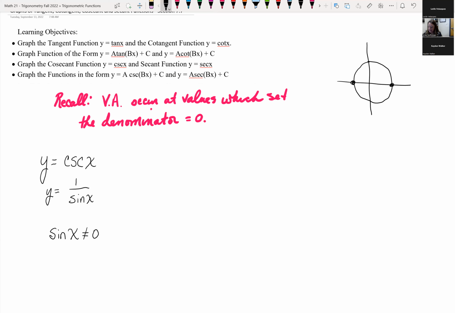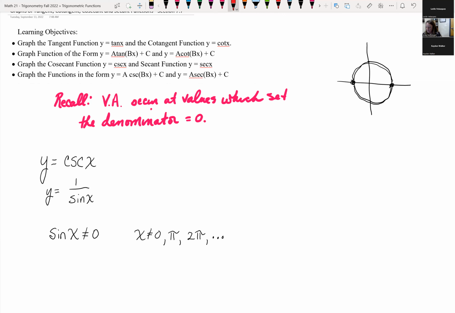So when x is equal to 0, sine of x is 0, so x cannot be 0. If we loop around, when x is equal to pi, 2 pi, etc. And also you could go the opposite direction, right?